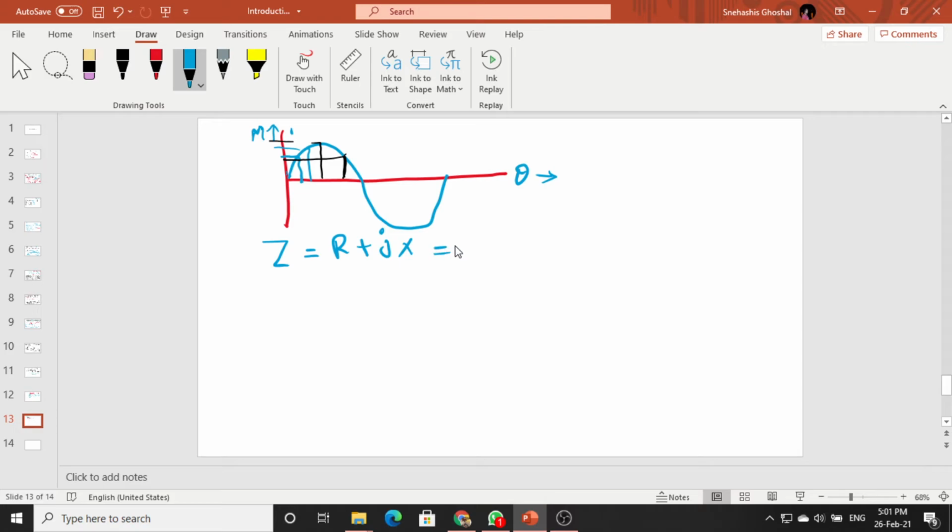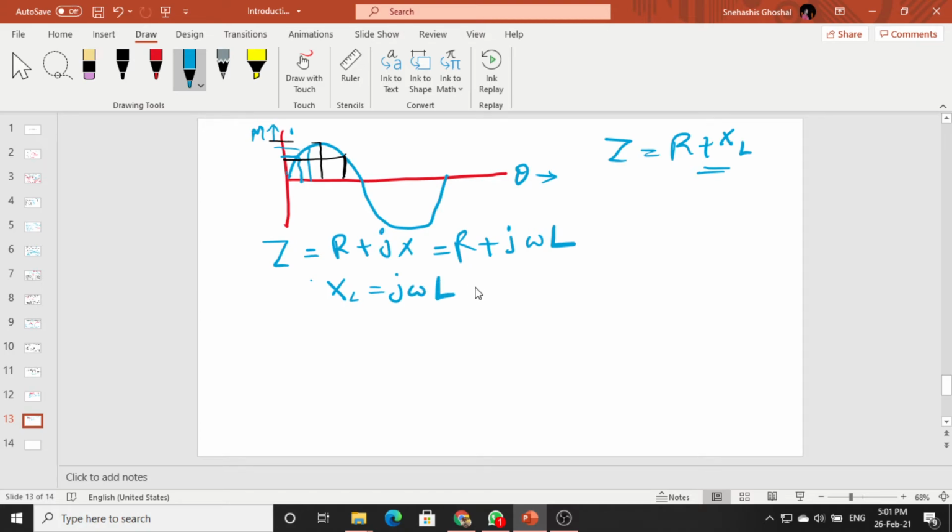In other words, R plus j omega L. So basically, Z is written as R plus jXL if it is an inductive circuit. So XL equal to j omega L.